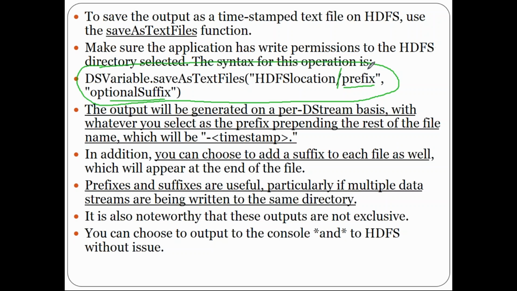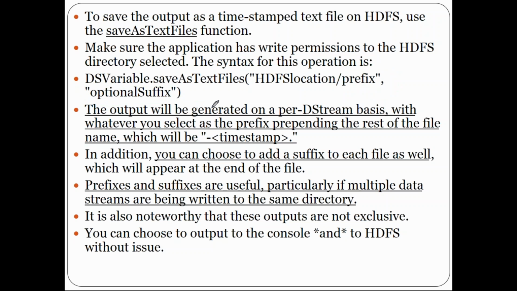The whole point of the slide is that whatever you put as prefix, the timestamp follows it. You can also have an optional suffix like underscore data from Flume, underscore data from Facebook, underscore data from Twitter, underscore data from Netcat, all these things. Okay, that is what I was trying to explain here.